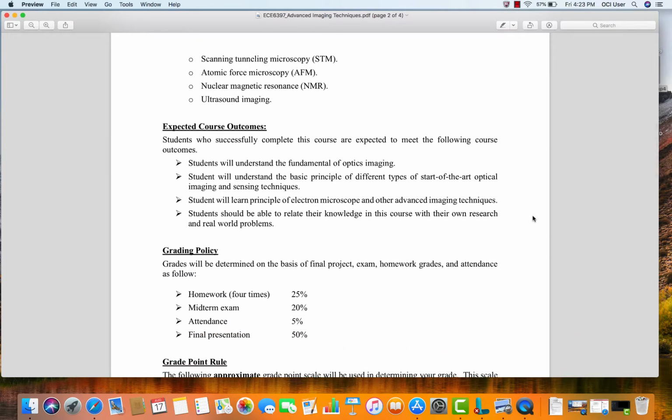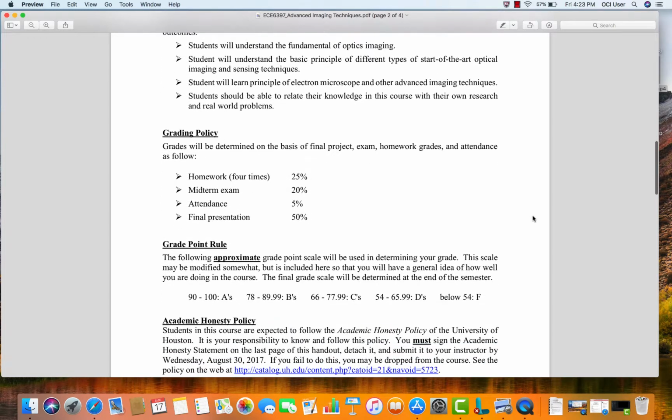As for the expected outcome, I would like students to know a big picture of the optical or imaging techniques available for research. The grading policy is the most important thing you would like to know.